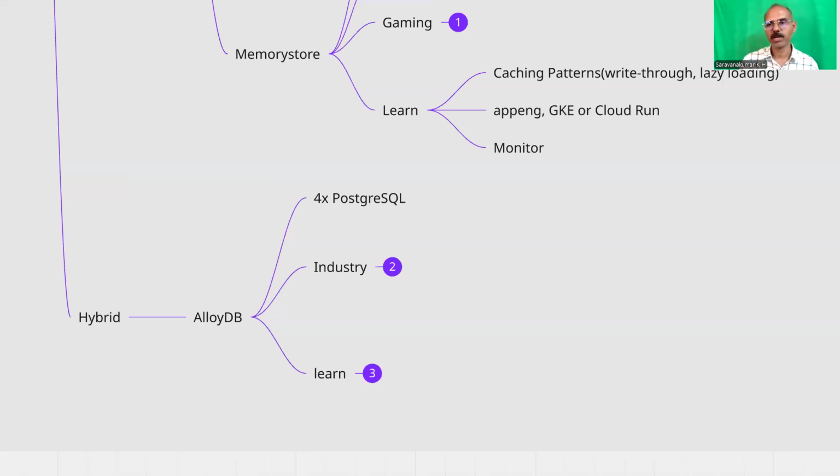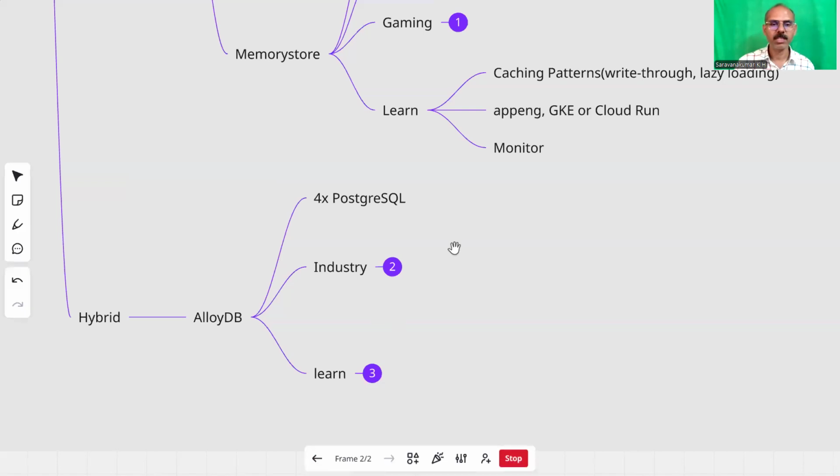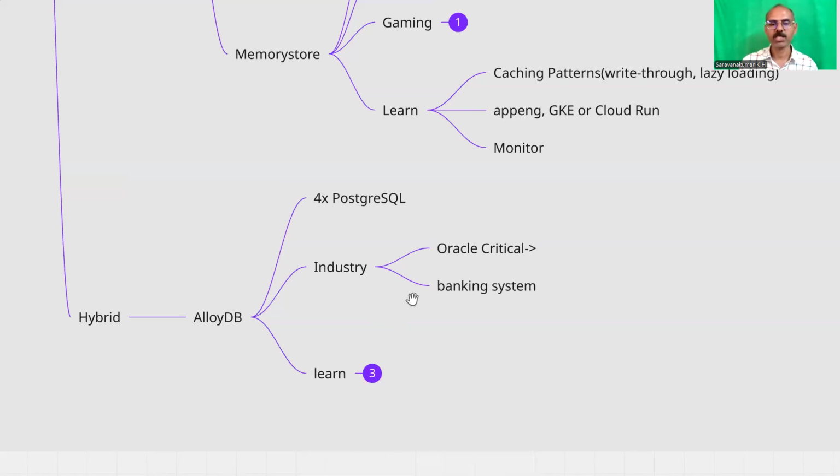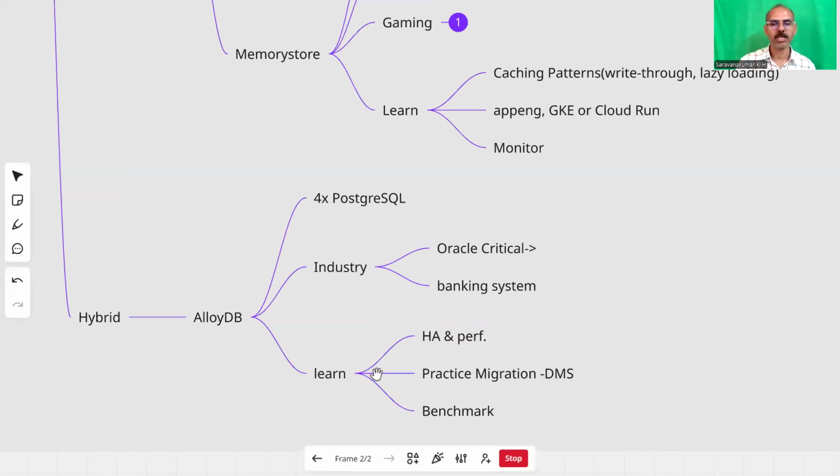It is a very advanced way. AlloyDB has been created for industries that have very critical applications and workloads running in Oracle, and those applications can be moved into AlloyDB. Particularly banking system workloads can be utilized over here in AlloyDB.